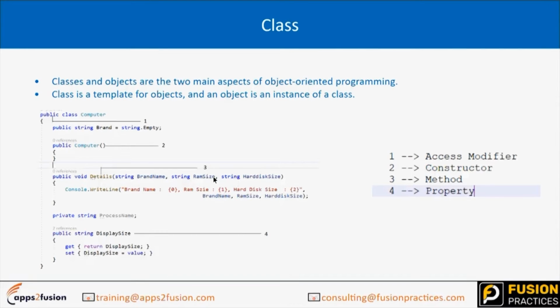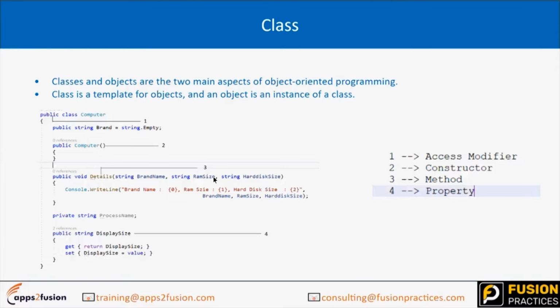In the same namespace you can access it just using the name, or if you want to access it from some other namespace, you need to mention the namespace dot the class name. Whatever method you created as public, you can access anywhere inside the project. That is the access modifier.